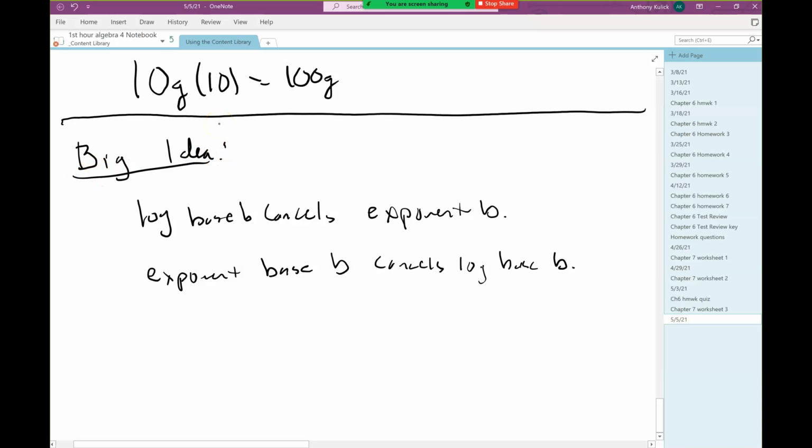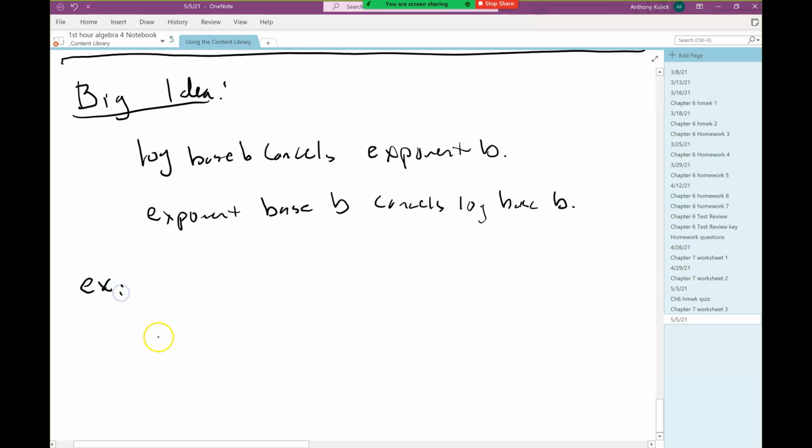This is the big takeaway from here. You will not be able to figure out any of the solving if we don't internalize this concept. Just like addition cancels out subtraction, or division cancels out multiplication, or a square root cancels out a squared, we're going to use logs and exponent bases to cancel each other out.